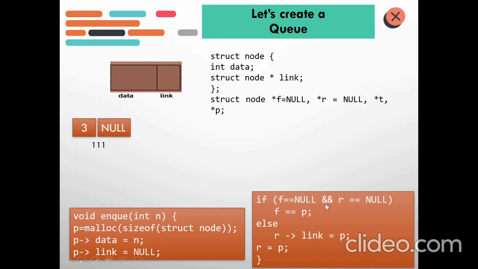In other words, this function is asking us if this is the first node that is being allocated, because in that case only our F and R both would be pointing to null.